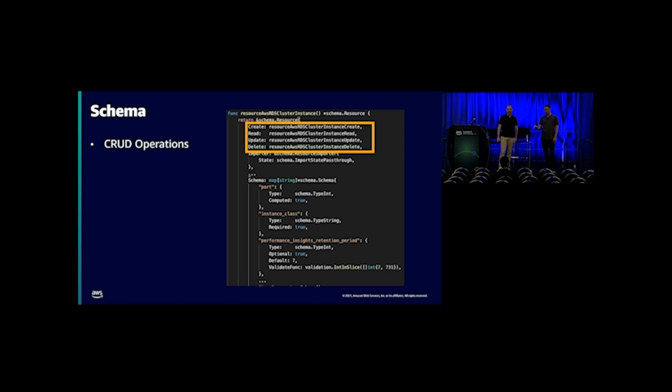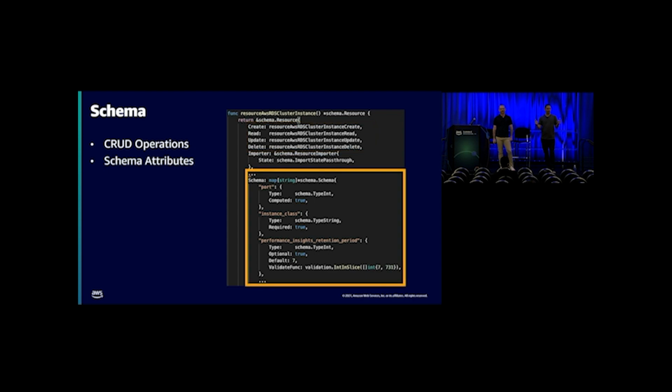So you have the CRUD operations, then you have your schema. This is where you define all the attributes from the API that you can accept. You'll notice that some of these are computed, so port, for example, is computed. That means that the user for this resource can't pass in the port. That's provided by the API call. But then the next one is required, so that's a required string.